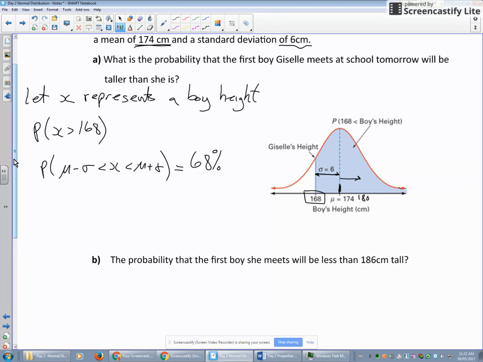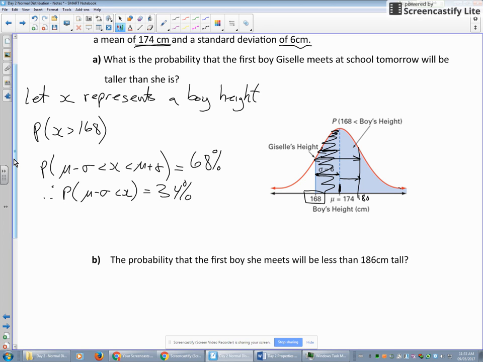So 68% of the data lies in this area here. Well, because this is symmetrical, that also means that half of the data, this half here, must be half of that 68. So therefore, the probability that I lie one standard deviation below, so mu minus one standard deviation being less than x, that must be half of that, or 34%.